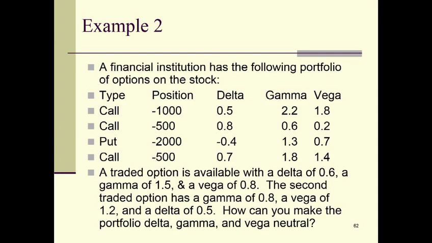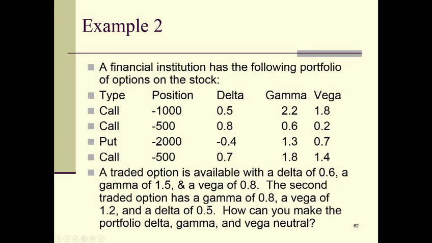So we're going to use 2 more options. We will call this option 1, and we call this option 2. Okay, so we have 2 more options here. One with a delta of 0.6. Okay, delta, gamma, vega. Another option with delta, vega, gamma as well.